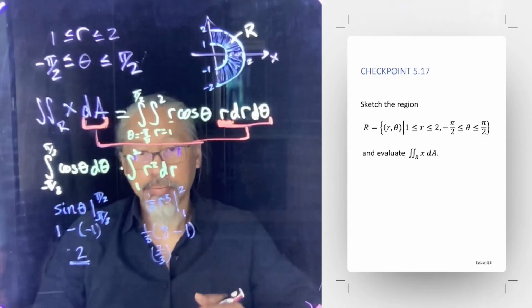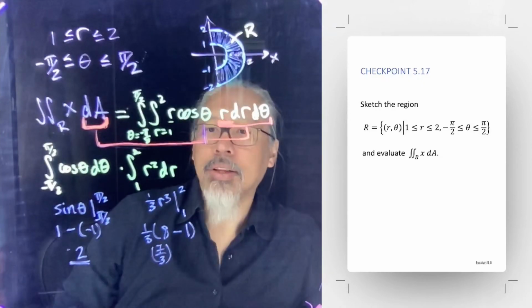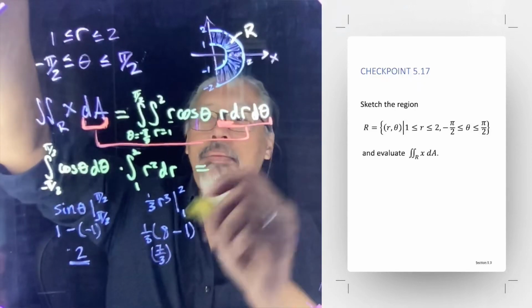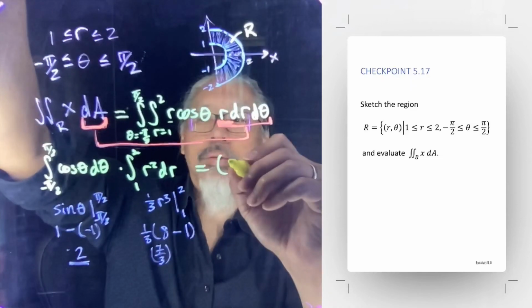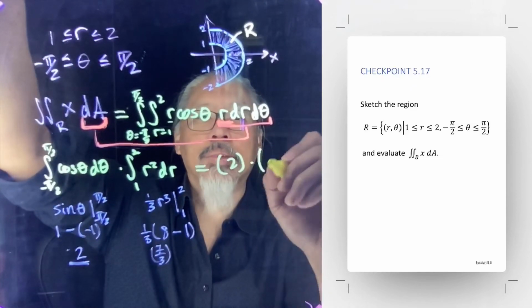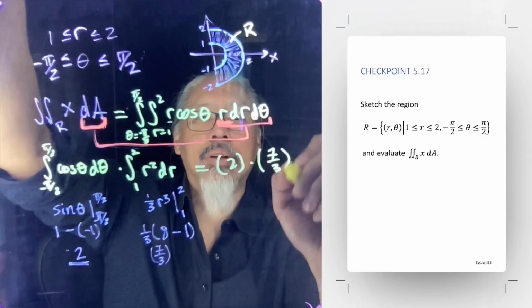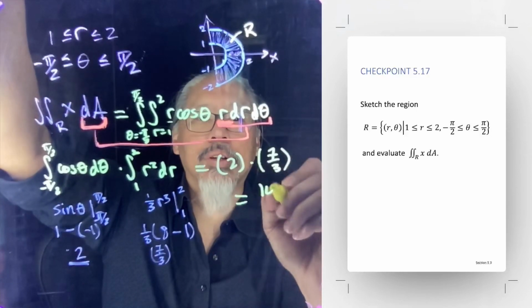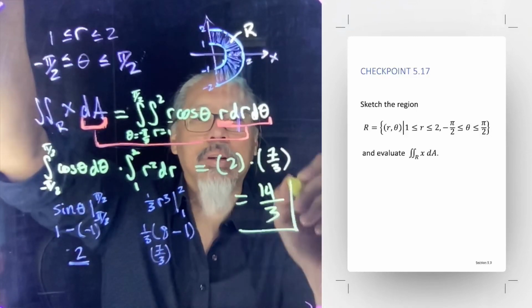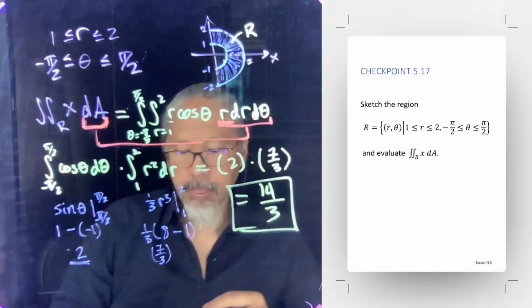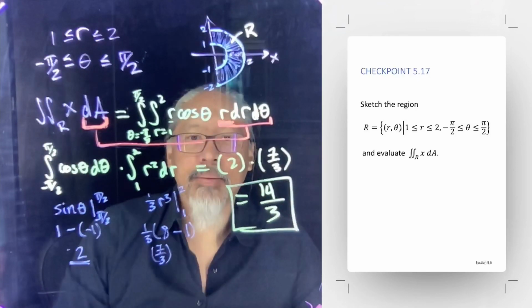Now that we have these two integrals, the result is just 2 times 7/3, which gives us 14/3. And that's it. Okay, I hope that helps.